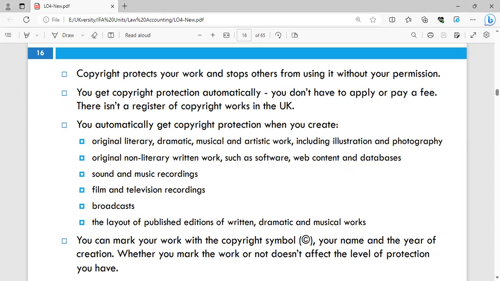So originally we need to look at dramatic work, or non-literary written work. We need to look at sound and music recordings, film and television, broadcast, and so on.